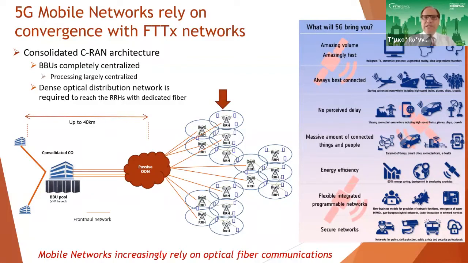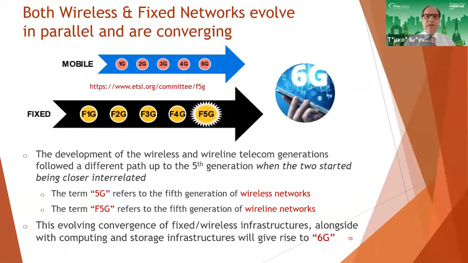And this convergence of fixed and mobile networks currently enables us to get access to a whole new range of applications, talking about virtual reality, augmented reality, telepresence. All these are applications we have started seeing being deployed. So essentially, both fixed and wireless networks have been evolving in parallel over the past decades.